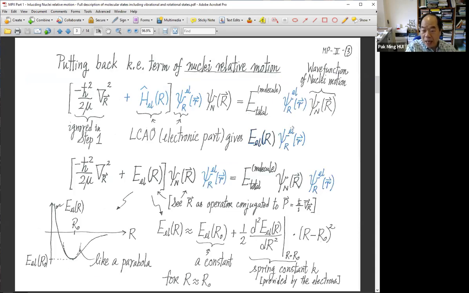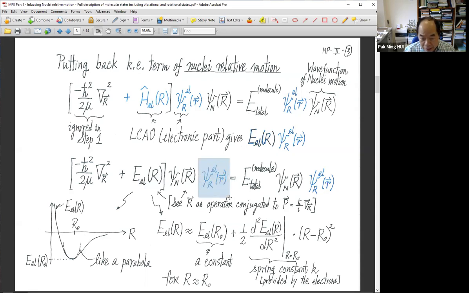Okay, so this is what I did on this page, all right? So step by step, I got the eigenvalue times the electronic part. But this thing we know, you give me a distance, it is one value. So this is this curve for different R's, okay?